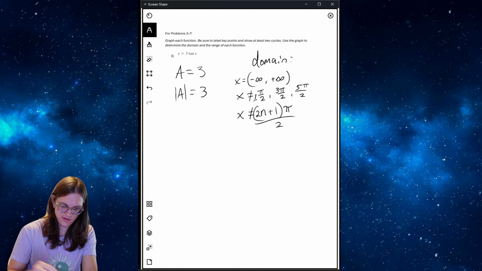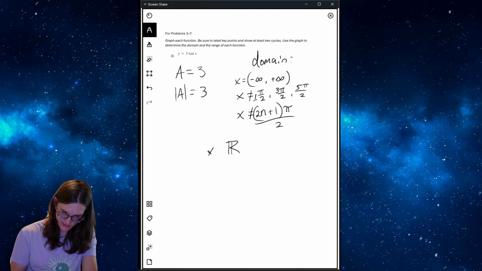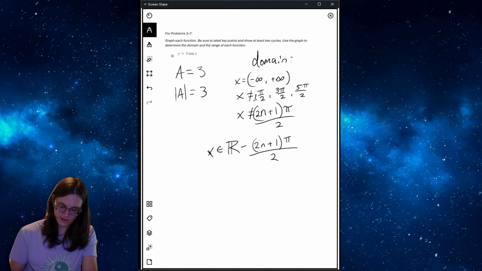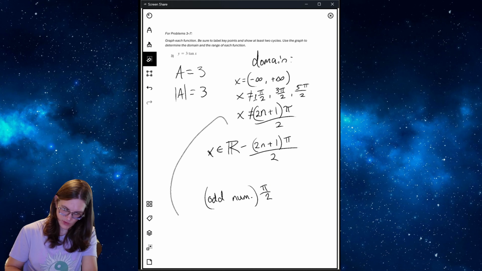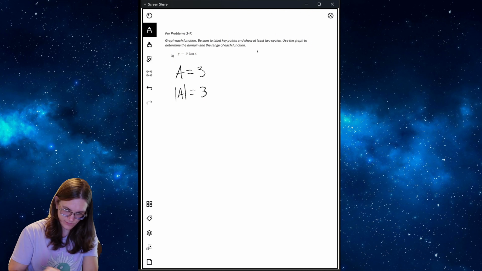This is not within the scope of what we're doing, but technically x includes all real numbers, except odd numbers in front of pi over 2 here. But we're not going to dig that deep.